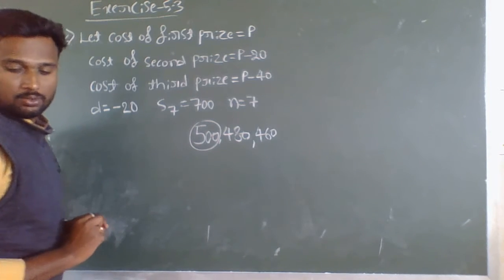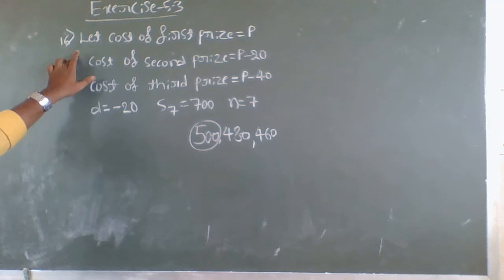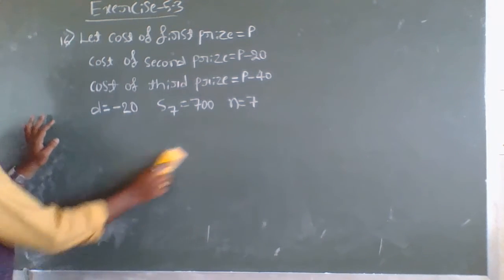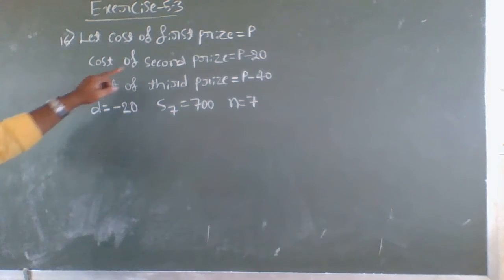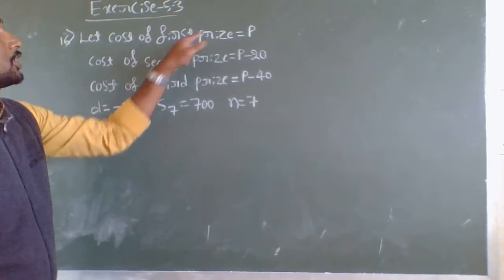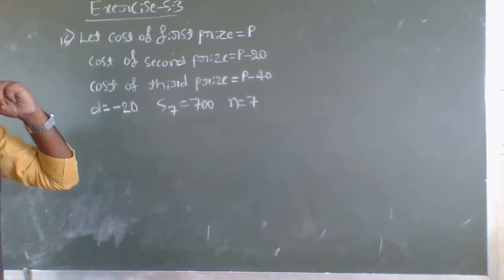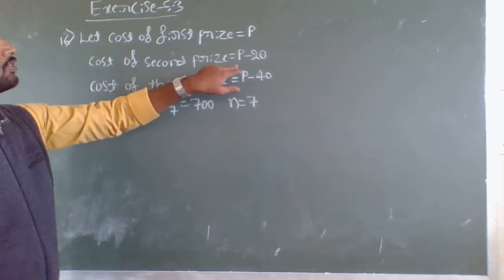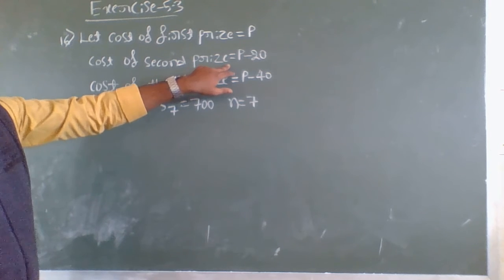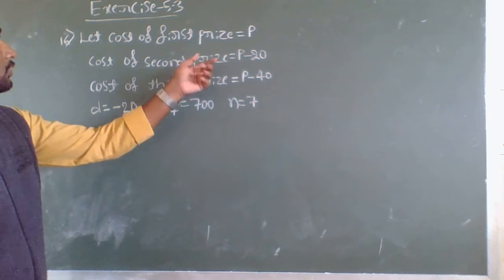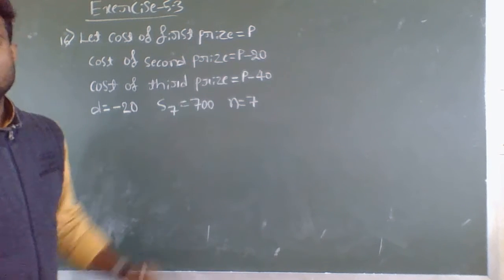Let the cost of the first prize be P. They have given that the second prize will be 20 rupees less than the first prize, therefore P minus 20.